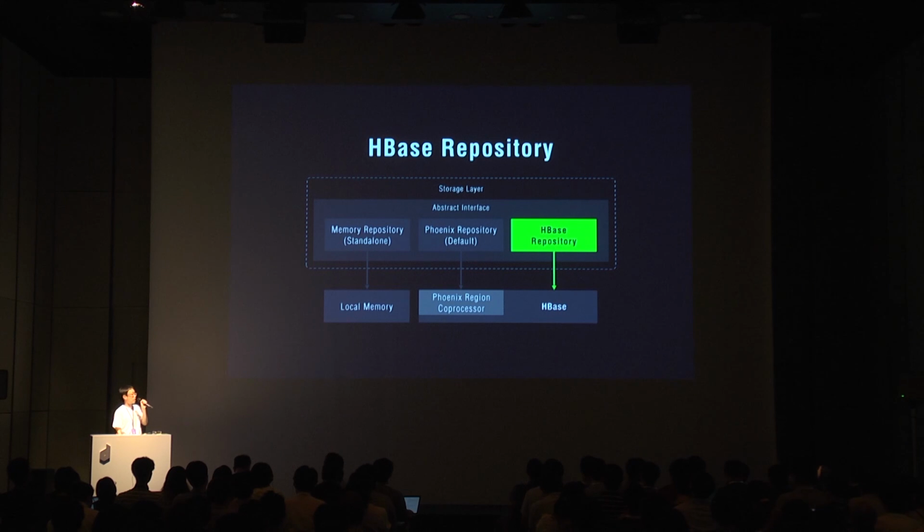And we will add an HBase repository at the storage layer so that Gravty can directly access HBase without the help of Phoenix. Removing the Phoenix dependency will make Gravty run lighter and easier to control.